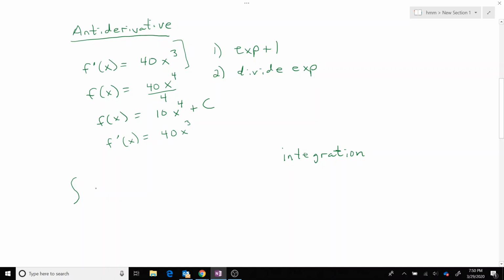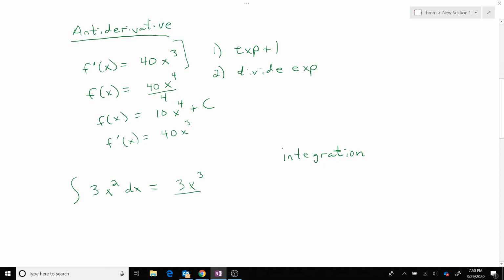So if I have a problem and I'm being asked to say, all right, let's find the integration of 3x squared. Okay, so I'm going to take the same process here. I'm going to look at my exponent. I've got a 2. I'm going to add 1 to the exponent, and so I've got x cubed. And then I have to divide by that exponent. So I had a 3 right there.